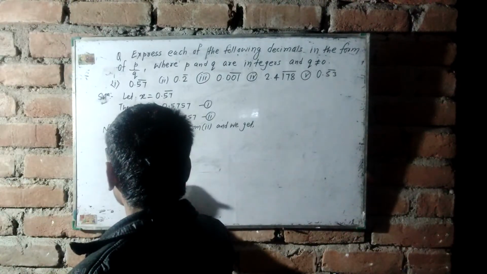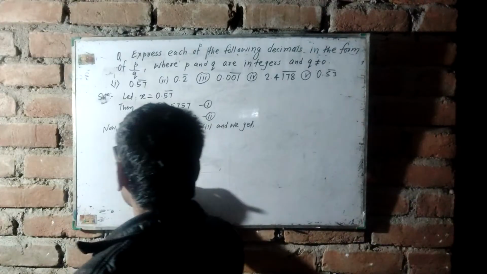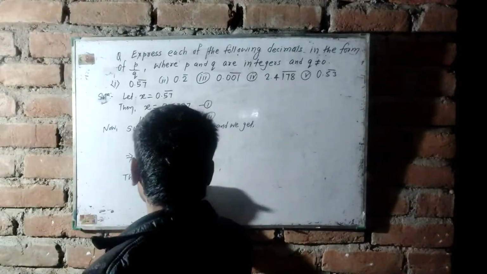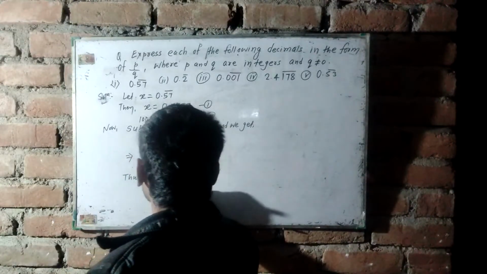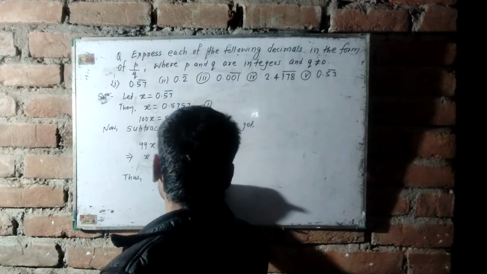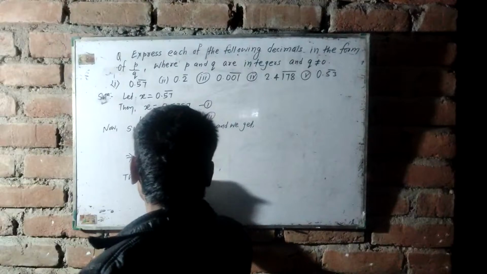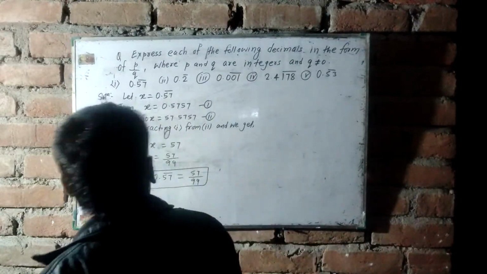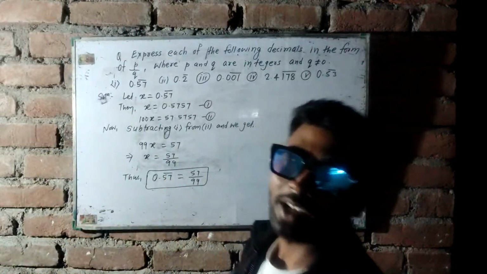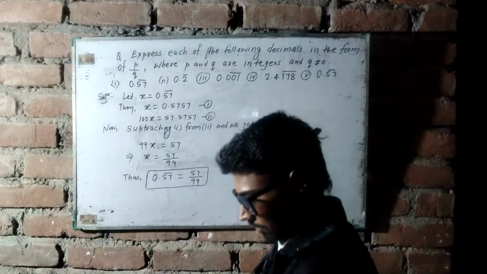Thus, we can write 0.57 repeating is equal to 57 upon 99. This is the required answer.